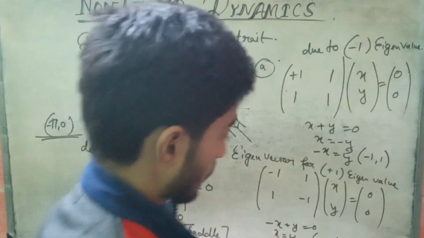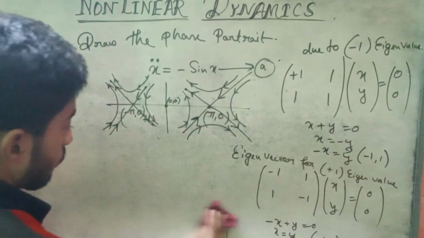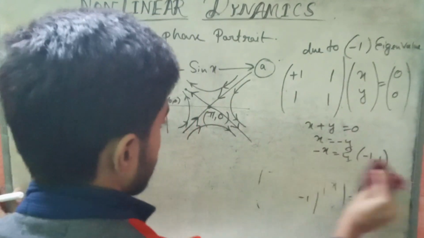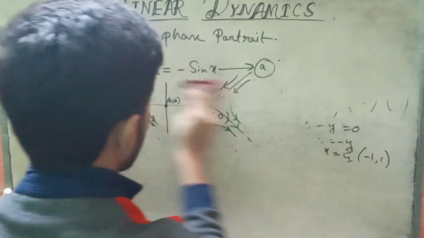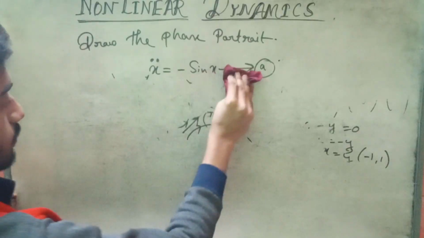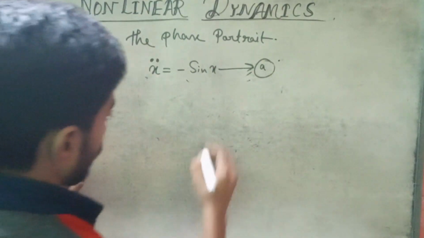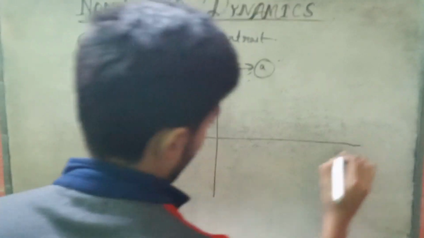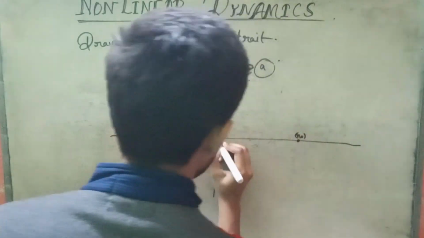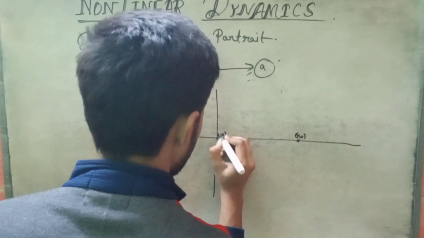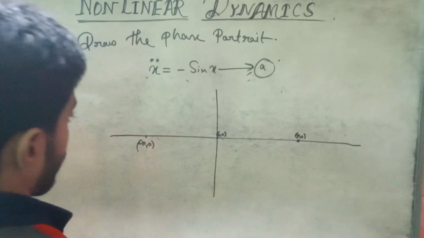Now erase the whole thing, and let's draw the phase portrait of x double dot minus sin x in global form. Right? Let's erase this. So this is the pi, 0 fixed point. This is the 0, 0 fixed point. This is the minus pi, 0 fixed point. Right?